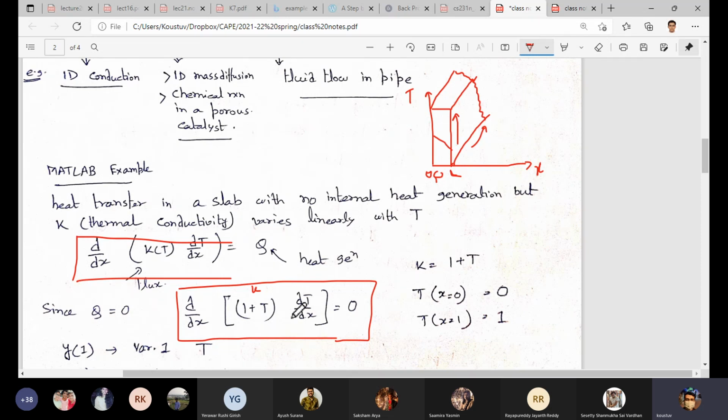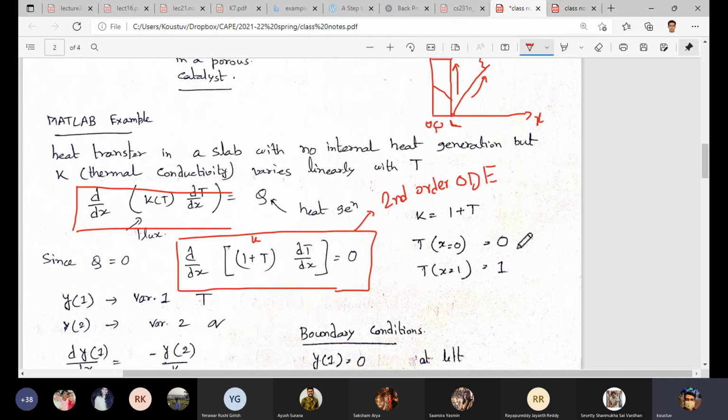As you can see, this is a second order ODE, and we have conditions at two points. For x equals 1 we have written it, but we have actually taken the non-dimensionalized form.